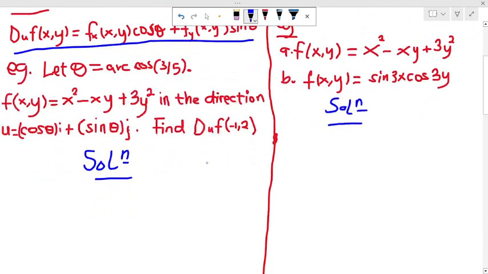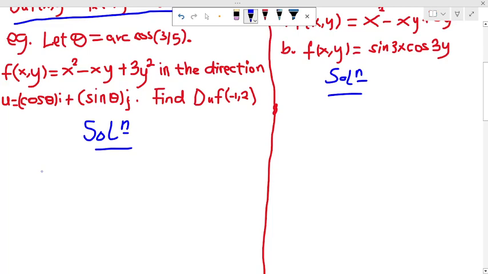In mathematics, arc cos is the same as cos inverse, arc sine is the same as sine inverse, and similarly arc tan is the same as tan inverse. So we've already defined that our theta is equal to the cos inverse of 3 on 5.